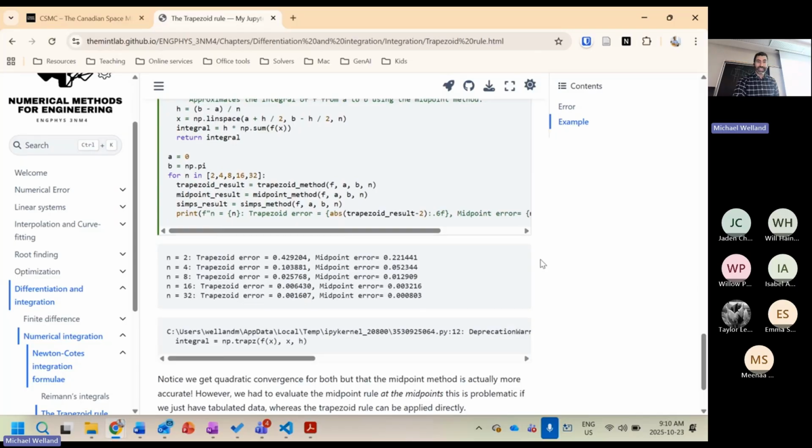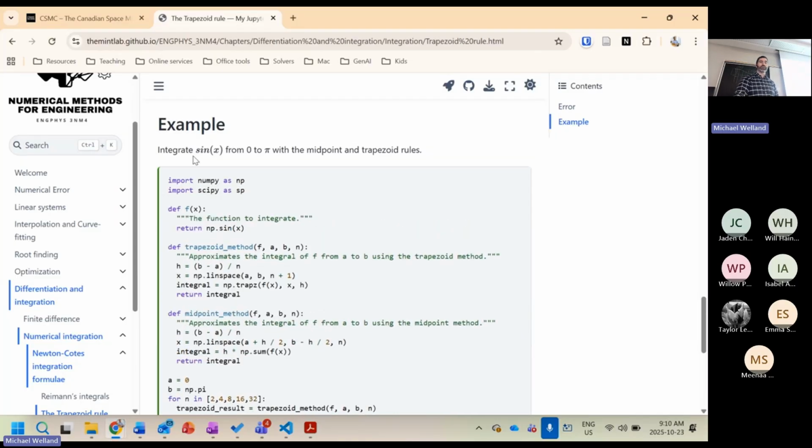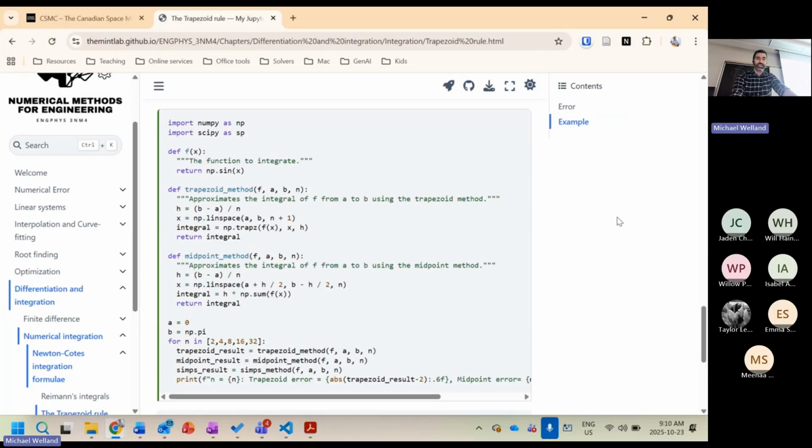Okay, so this is an example of integrating sine of x. This is a callable function between 0 and pi using the midpoint and trapezoid rules. If you look through here, what we're going to do is generate data for the trapezoid rule at 0, 0.1, 0.2, 0.3, whatever, right?